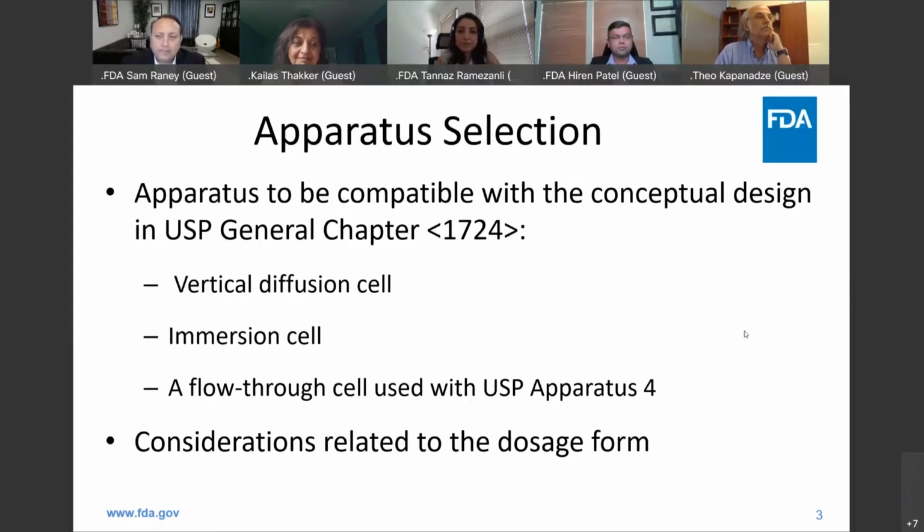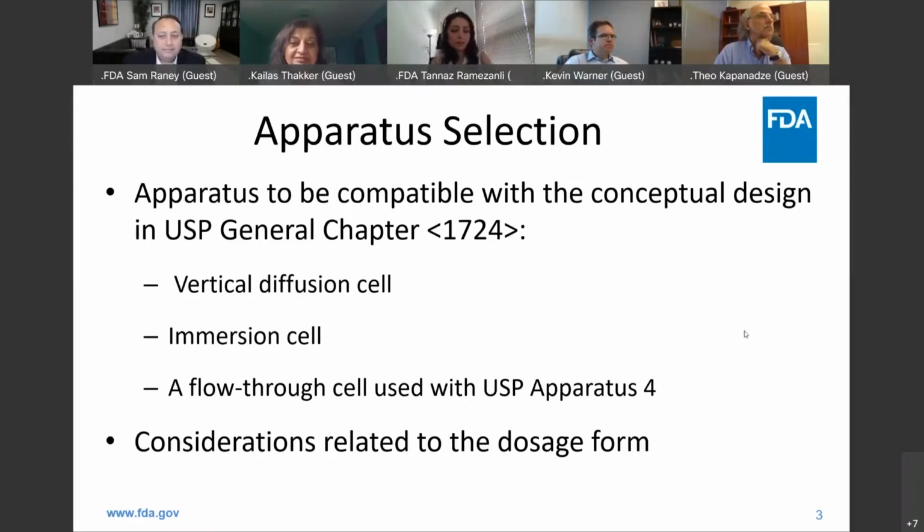By the way, which slide are you intending for us to be viewing right now? The receptor solution slide. So we're still seeing the apparatus selection slide. Are you sure? I am. I am as well. Yeah, you all see the same.